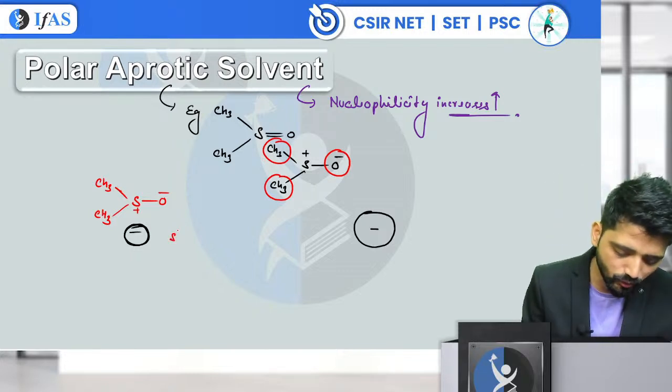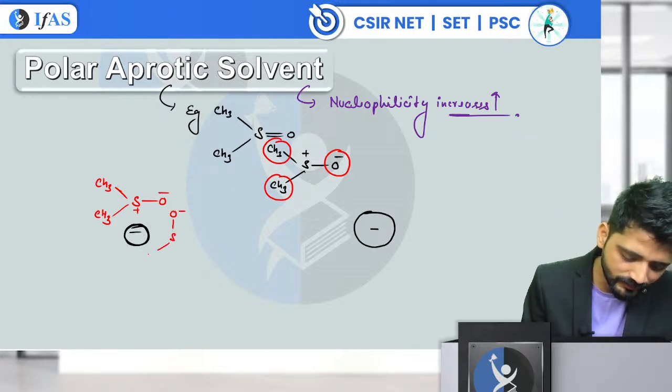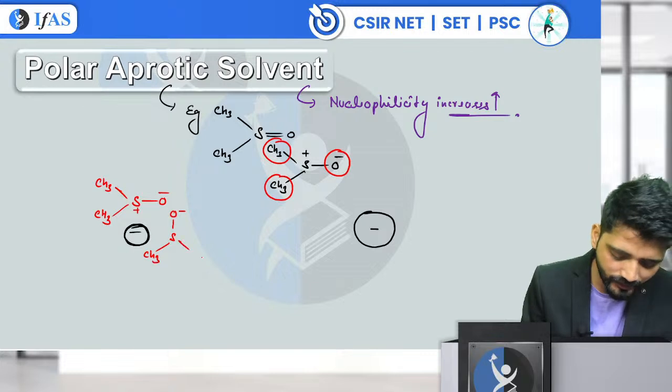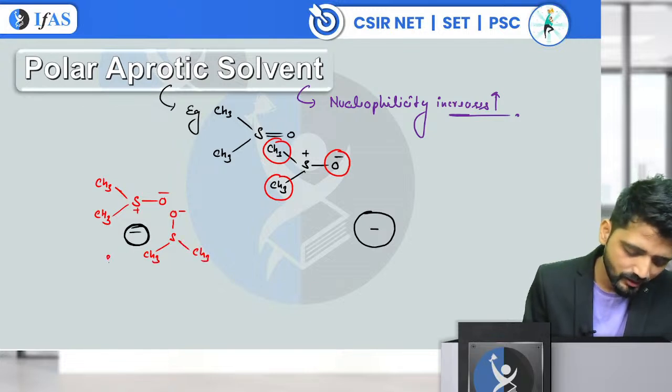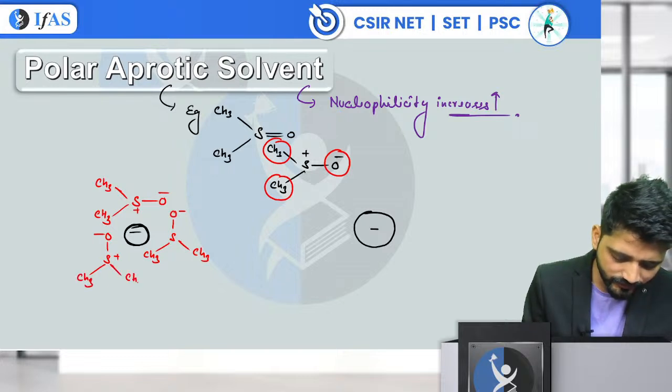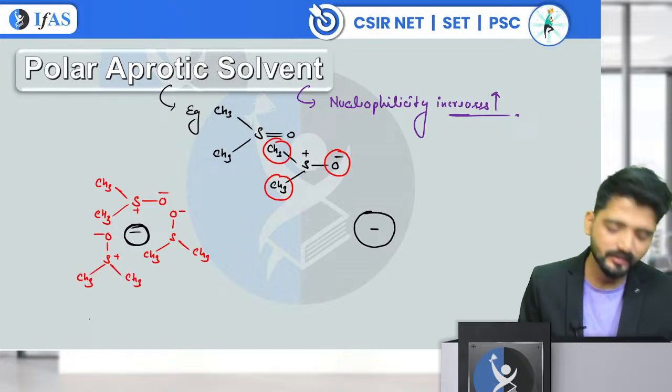Now another solvent molecule will be approaching, with O minus, a CH3 group here, a second CH3 here. One more molecule is approaching the anion, with a CH3 here and a CH3 here. Now what happens?